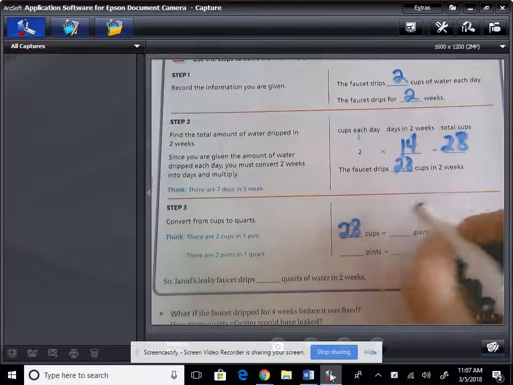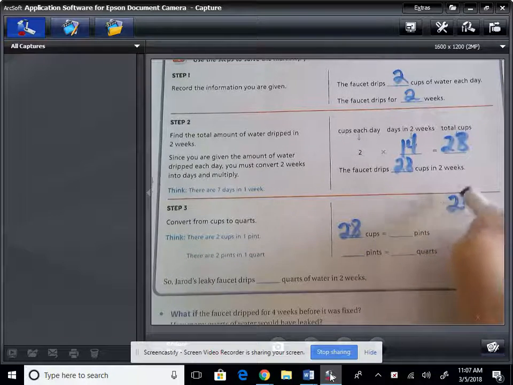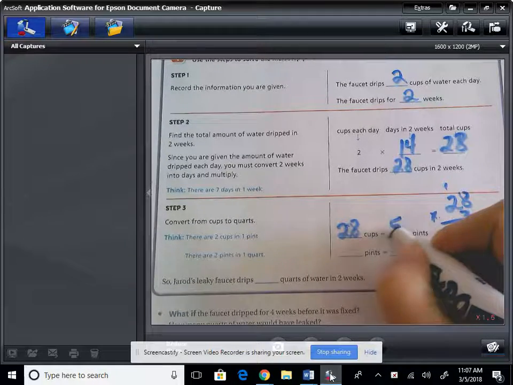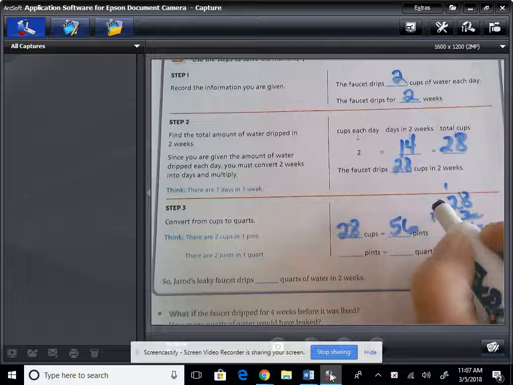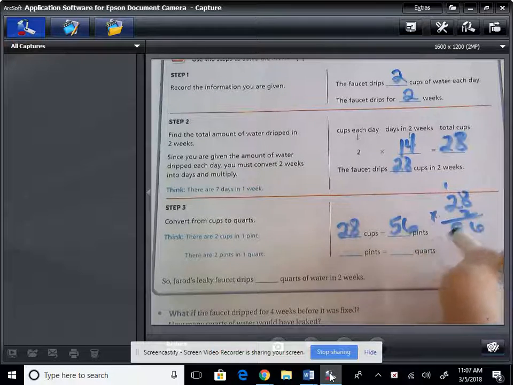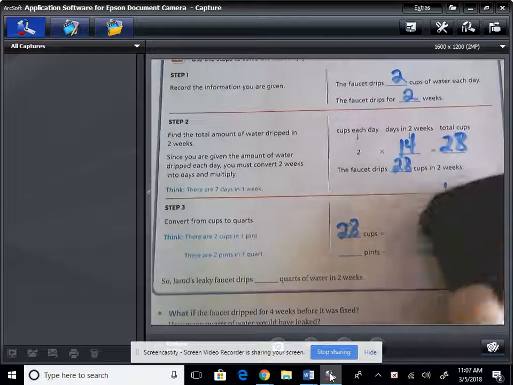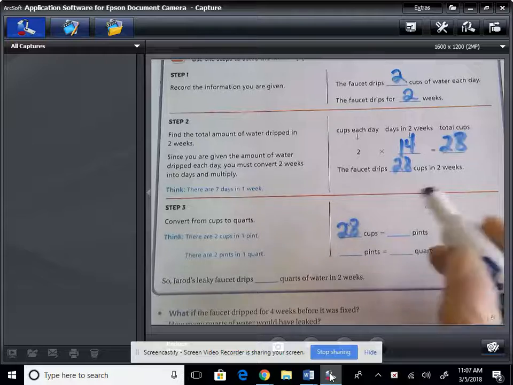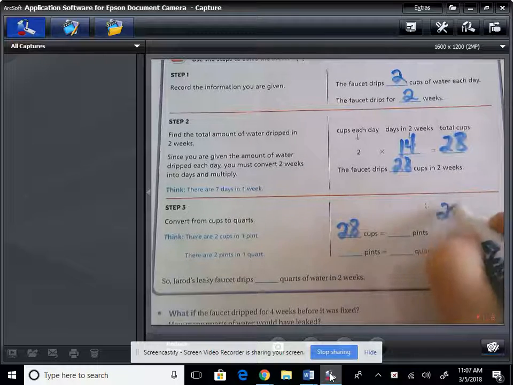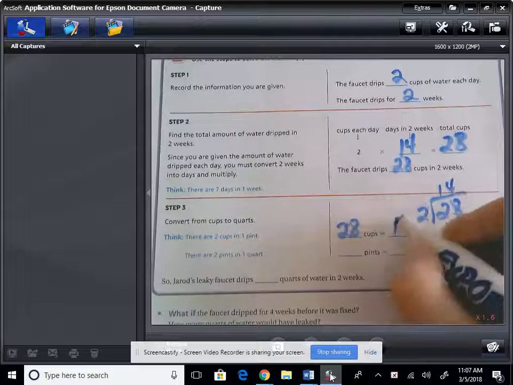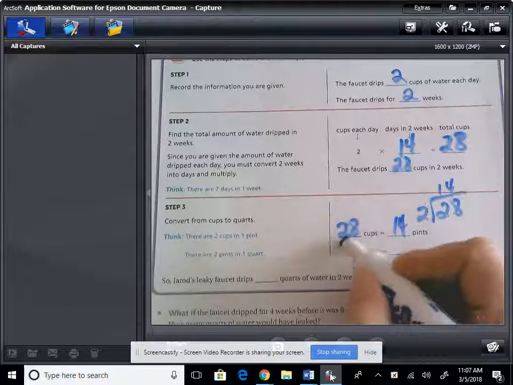So we've got to take that times 2, and I get 56 pints. Oh, wait. I'm sorry. Forgot the golden rule. We're going from smaller to larger, so we've got to divide. So 28 divided by 2 equals 14. And I have 14 pints.